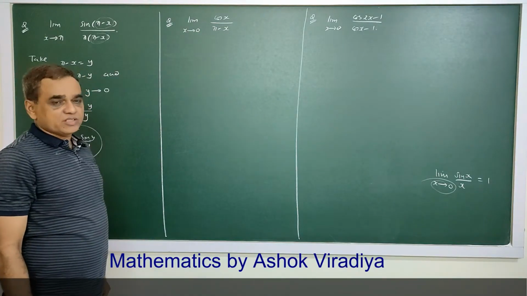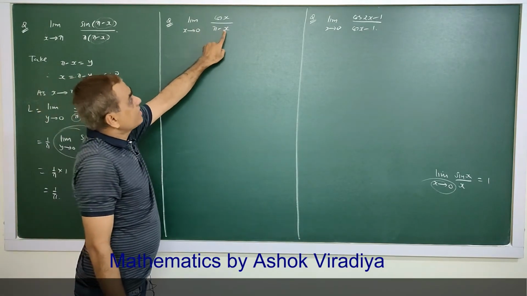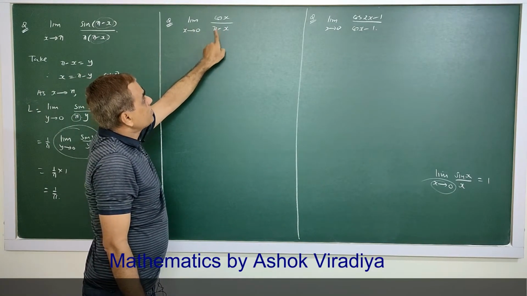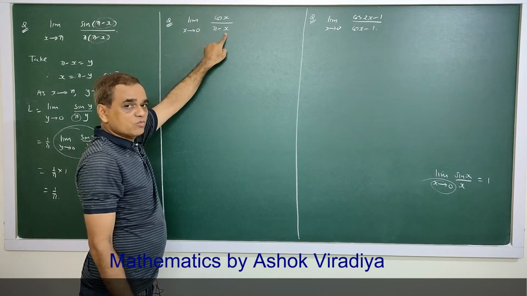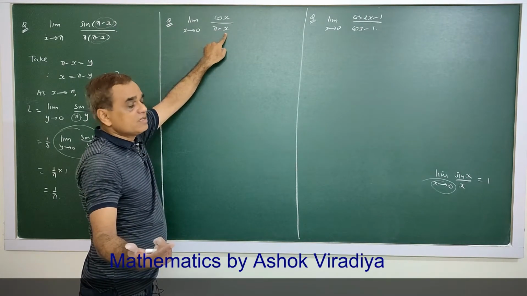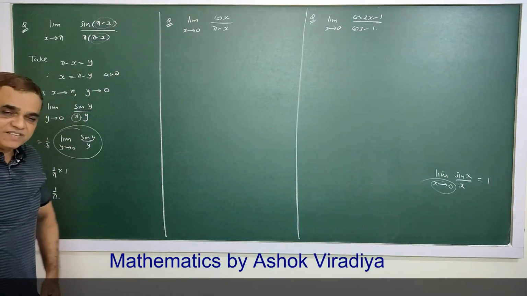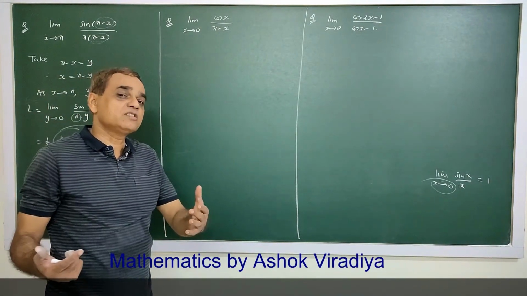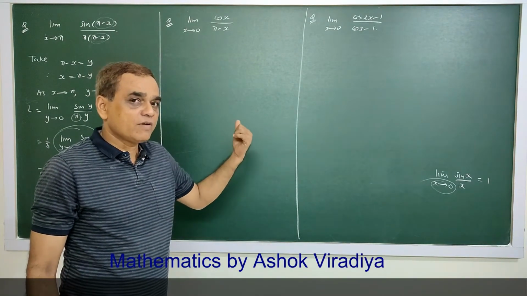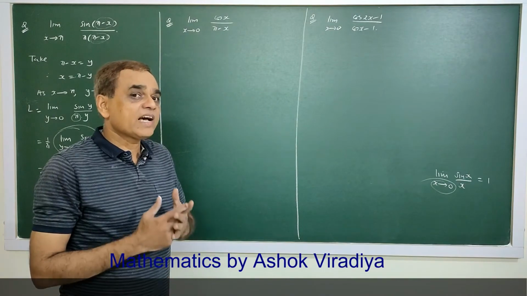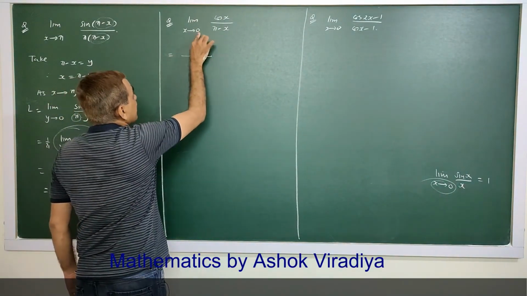Now see in this question, x tends to 0. Put here 0. So what is the denominator? Pi minus 0, that is pi, which is non-zero. And if the value of the denominator is non-zero, no problem. Put the direct value without doing any procedure. So here directly we are putting x equal to 0.